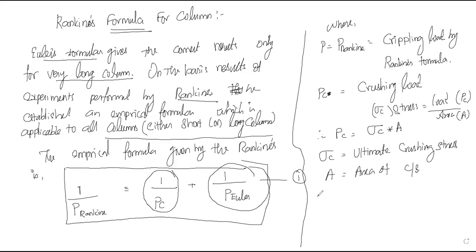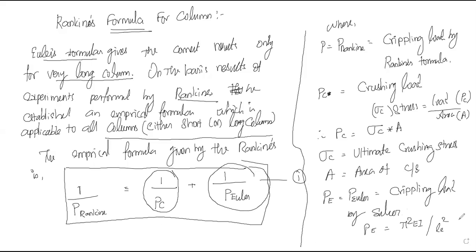Next, PE is equal to P Euler, the crippling load given by Euler. Euler's formula is equal to pi squared EI by LE squared. So here LE is equal to effective length of column.